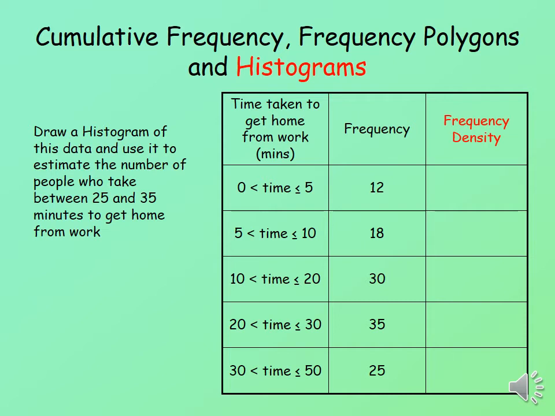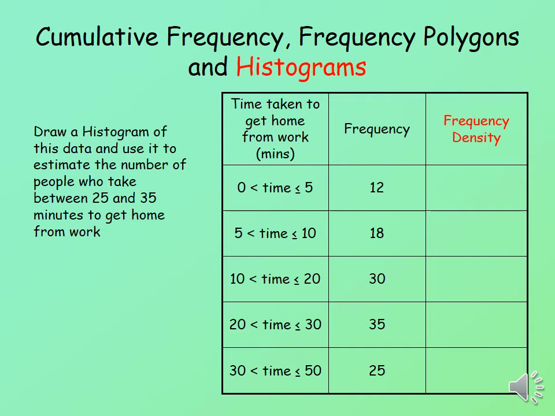Okay, so I hear everybody saying we've forgotten the formula. The formula is frequency divided by class width.